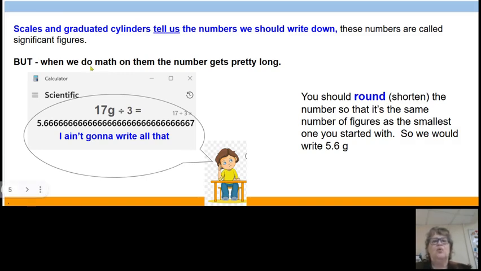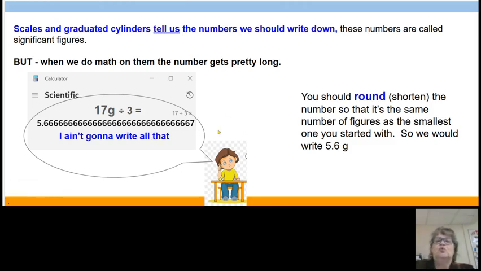But what happens when we have to do math to figure out what the number is? Because then sometimes we get these really long numbers. Like let's say I take 17 grams and I divide it by 3. Now if I do that in my calculator, I get this big long number, and I'm sorry, but I ain't gonna write all that.